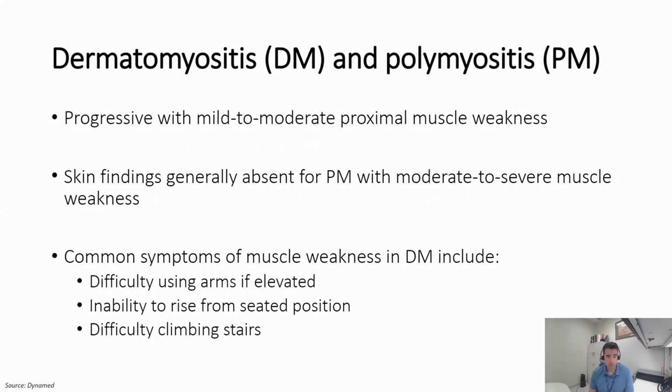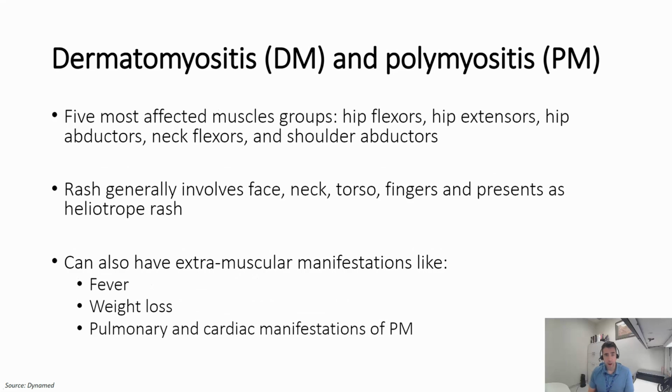Common symptoms associated with dermatomyositis may, for example, include difficulty using arms if they're elevated, inability to rise from a seated position, or difficulty climbing stairs. Five of the most affected muscle groups for both these myositis would be hip flexors, hip extensors, hip abductors, neck flexors, and shoulder abductors.